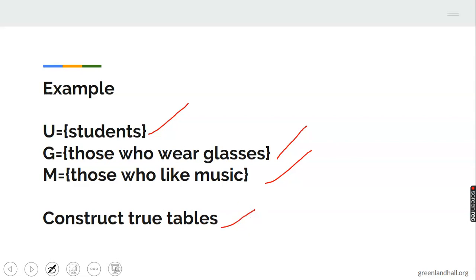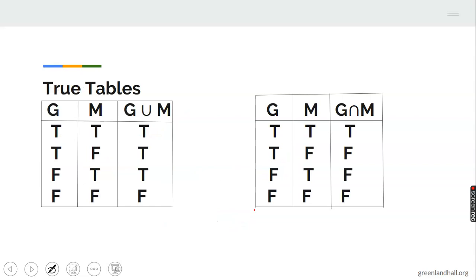This is the truth table for both "and" and the union. This is the conjunction table and this is the disjunction table.